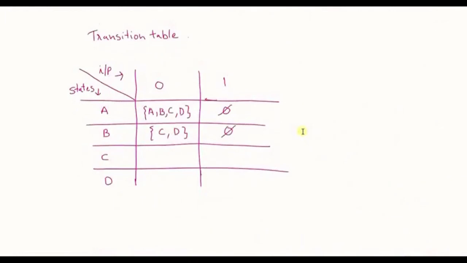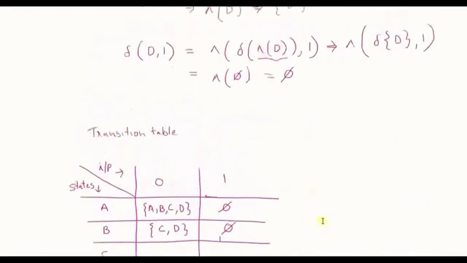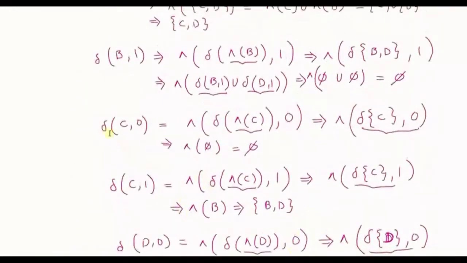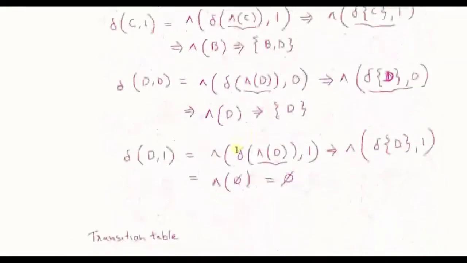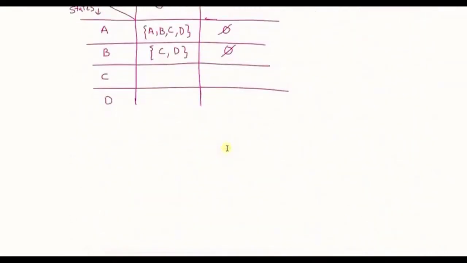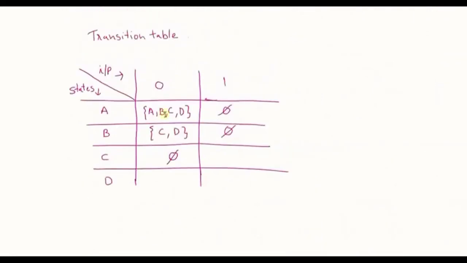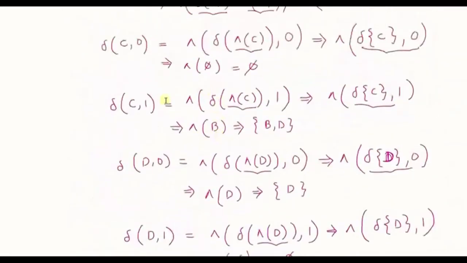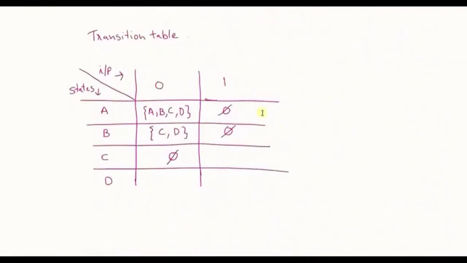Now transition of state C on 0. C on 0 gives you null also. So I am going to write null here. Transition of state C on 1. C on 1 gives you BD. So I am going to write BD here.